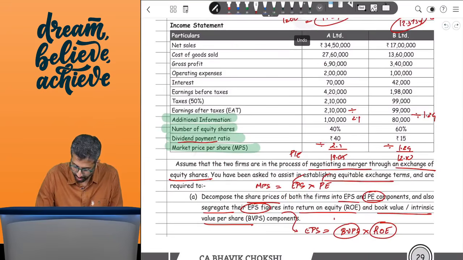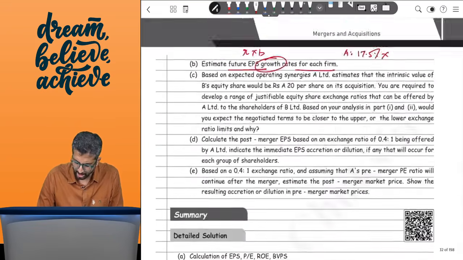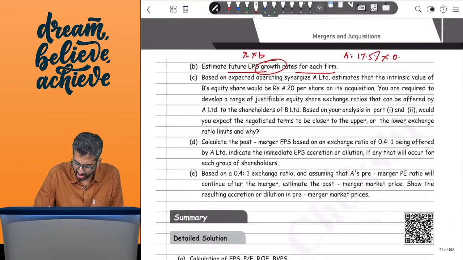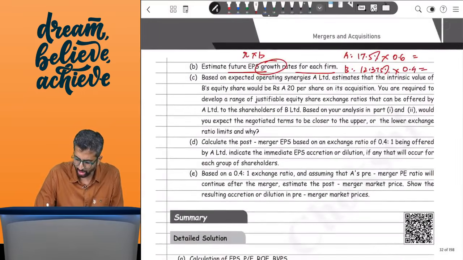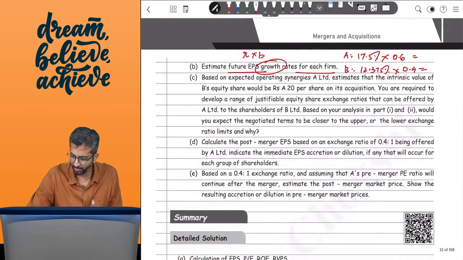So if the dividend payout ratio is 40%, then 60% is your retention ratio. For B, r is 12.375% if I am not wrong, and the payout ratio over here is 60%, so the retention ratio is 40%. So 17.5 into 0.6 gives 10.5% growth, and 12.375% into 0.4 gives 4.95%.